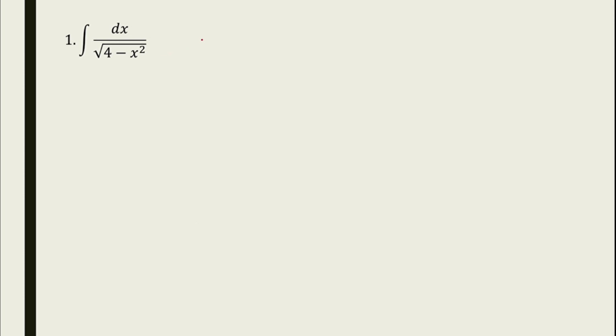This is in the pattern or the formula of the integral of du over the square root of a squared minus u squared. So let's see the pattern. We have a, u, and du. Therefore, the answer of this one is inverse sine of u over a plus c.